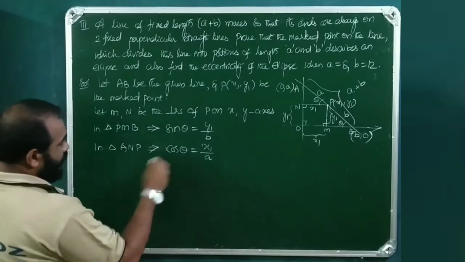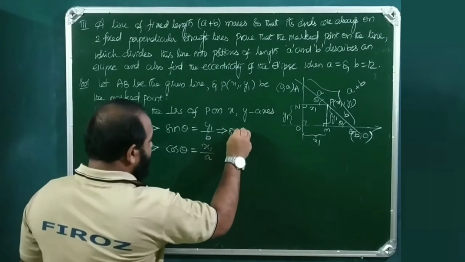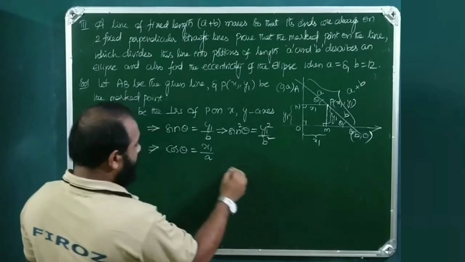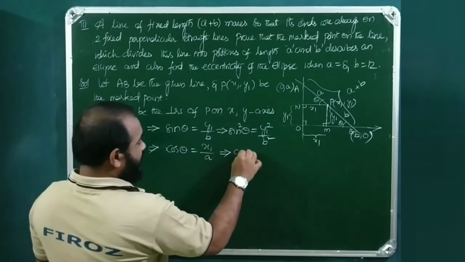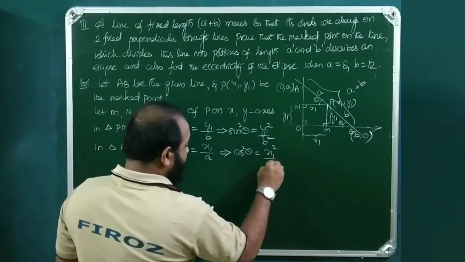Now from this, sine square theta is y1 square by b square. Here cos square theta is equal to x1 square by a square.